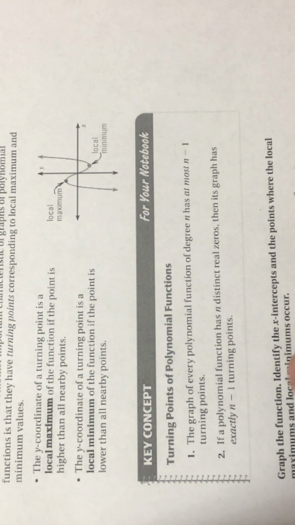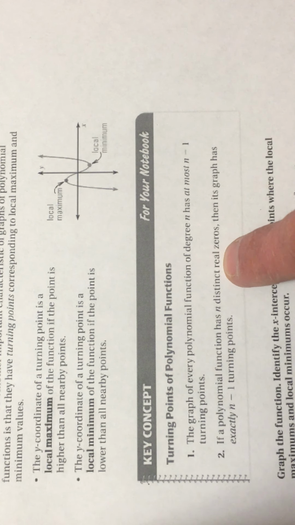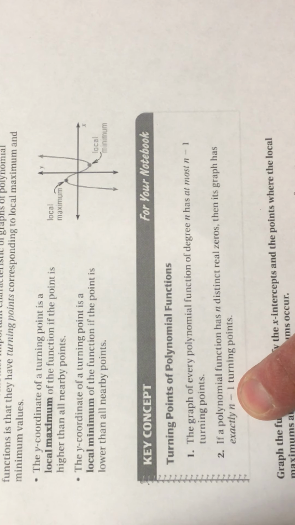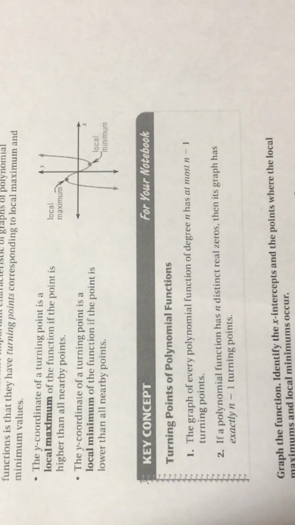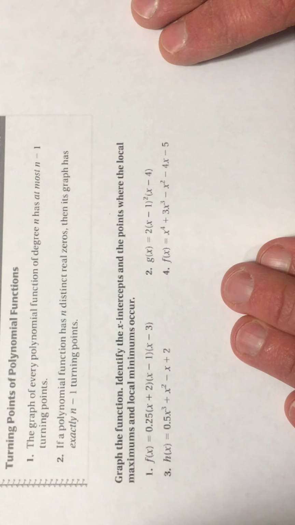And if a polynomial function has n distinct real zeros, so you graph it and it's a degree of 7, but it only crosses 3 times the x-axis, then its graph has exactly n minus 1 turning points. So if there was 3 real zeros, it will only cross twice, or turn twice. All right, the calculator is your best friend here.